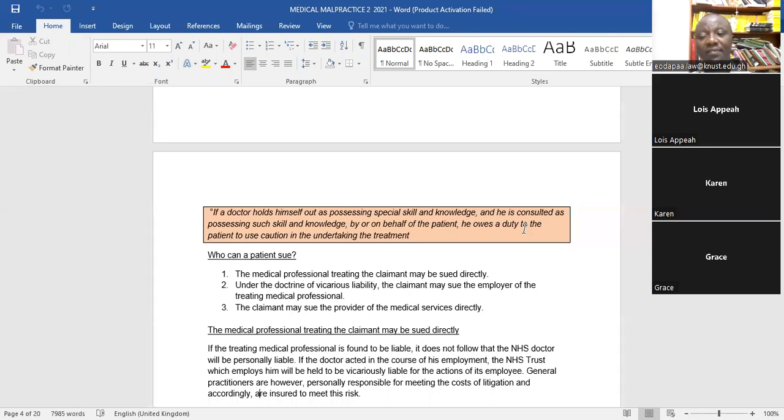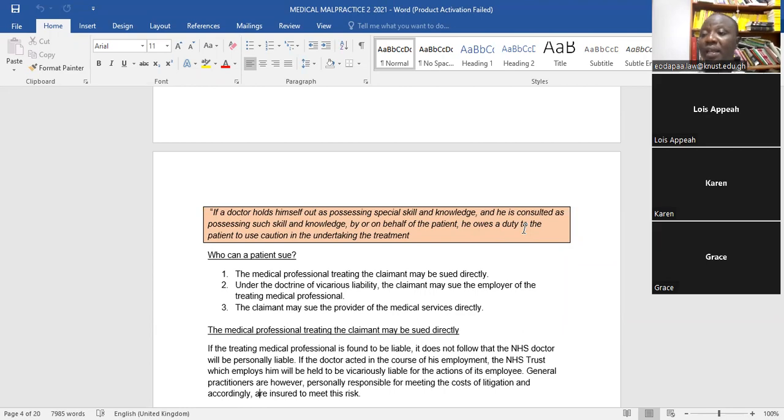It will be prudent for you to sue the healthcare facility as an employer, in which case you are suing on the basis of what they call vicarious liability, because of the existence of the employment relationship between the healthcare professional alleged to have committed the particular medical negligence and the owner of the facility that the healthcare professional is working for.